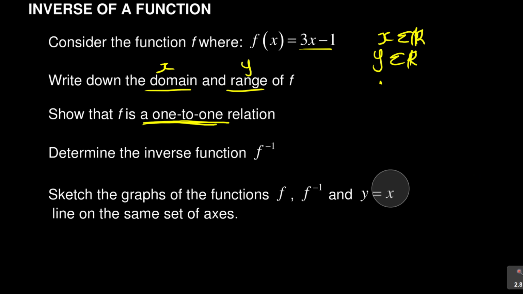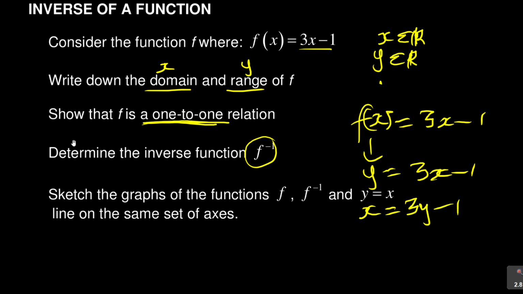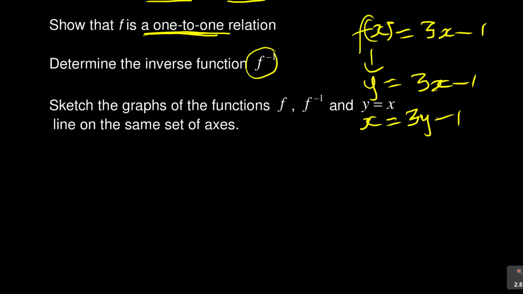Alright, and then determine the inverse. I think you know what to do. You said f of x is equal to 3x minus 1. Change that to y is equal to 3x minus 1. Then you interchange. X is equal to 3y minus 1. And then when you've done that, what do you do next? You make y the subject.